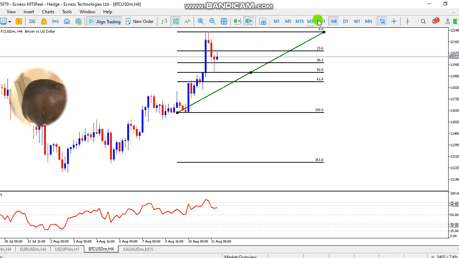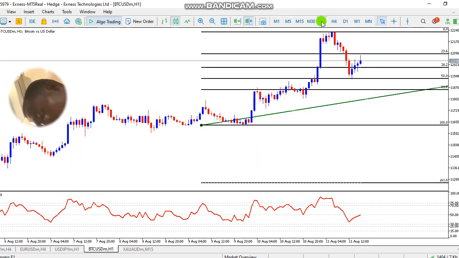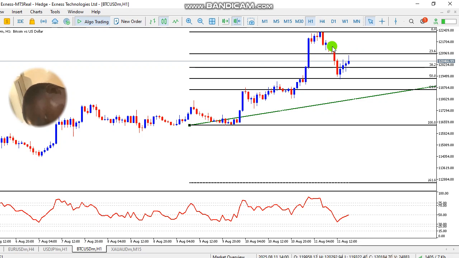So first of all, let's change the time frame to a lower time frame so that we can look for our entry. If you look at this particular side, these are the 1 hour candles, and when the market retraced to the 50% Fibonacci level, we saw a continuation of the uptrend. So this is how we use the Fibonacci retracement level.